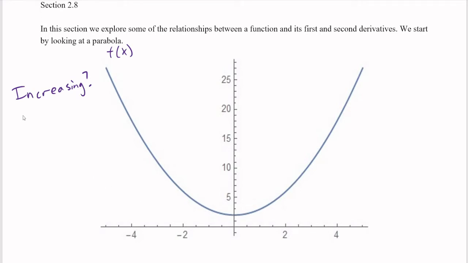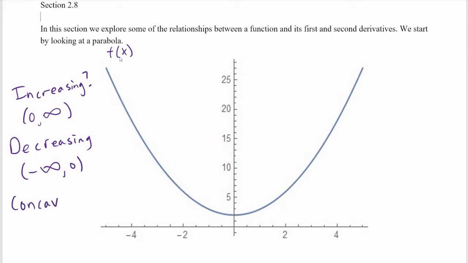So it looks like it's increasing from 0 to infinity, and that means it's decreasing from negative infinity to 0. And what about the concavity? Because this is opening up, it is concave up always.